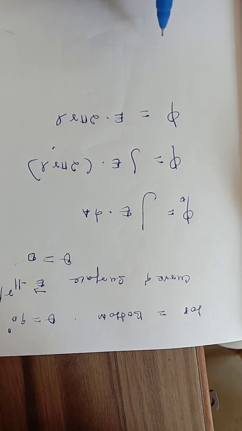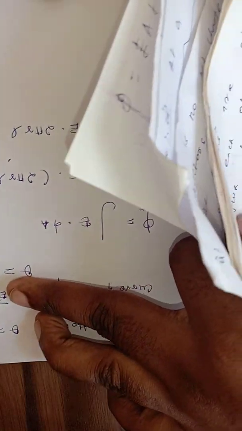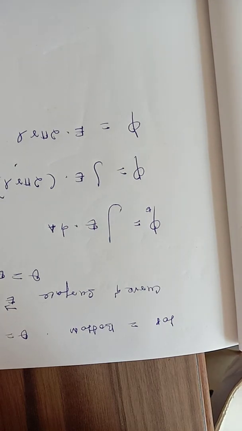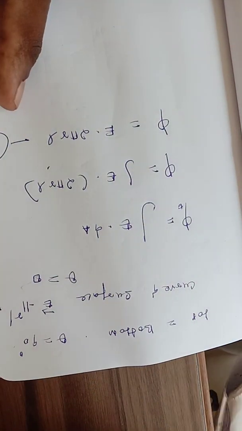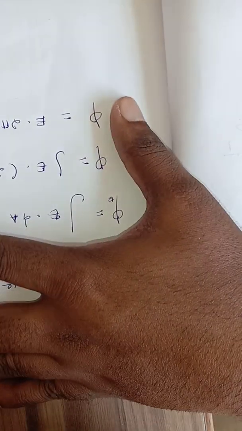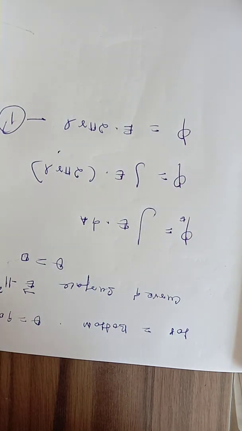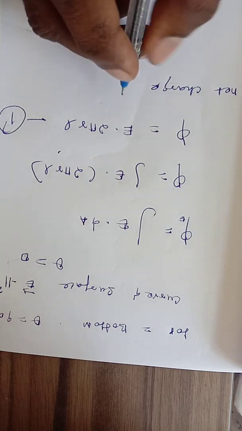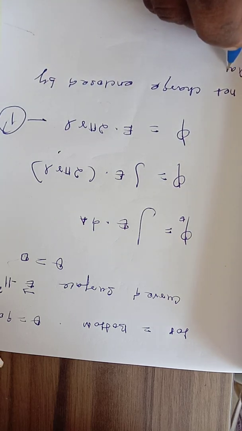Now the net charge enclosed by the Gaussian surface.